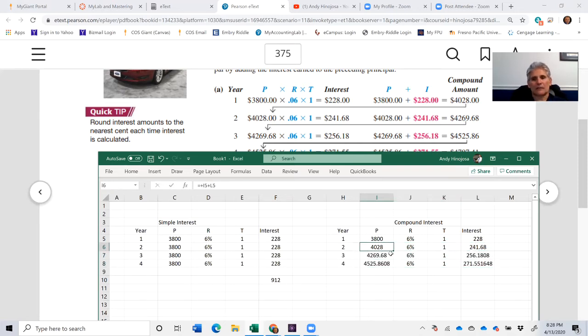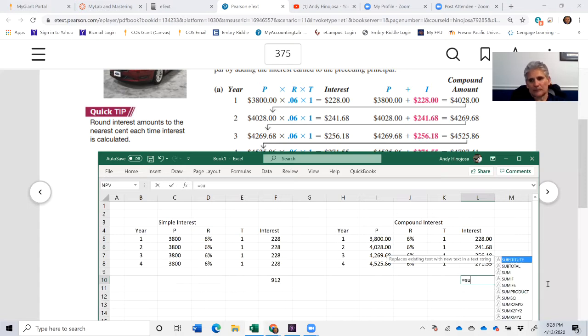So recognizing that every year the principal is adjusting because we're going to earn interest on top of the interest that's been earned in the prior periods, which becomes the definition of compound interest. We're going to sum up the total amount of interest, and the total amount of interest is 997.41.